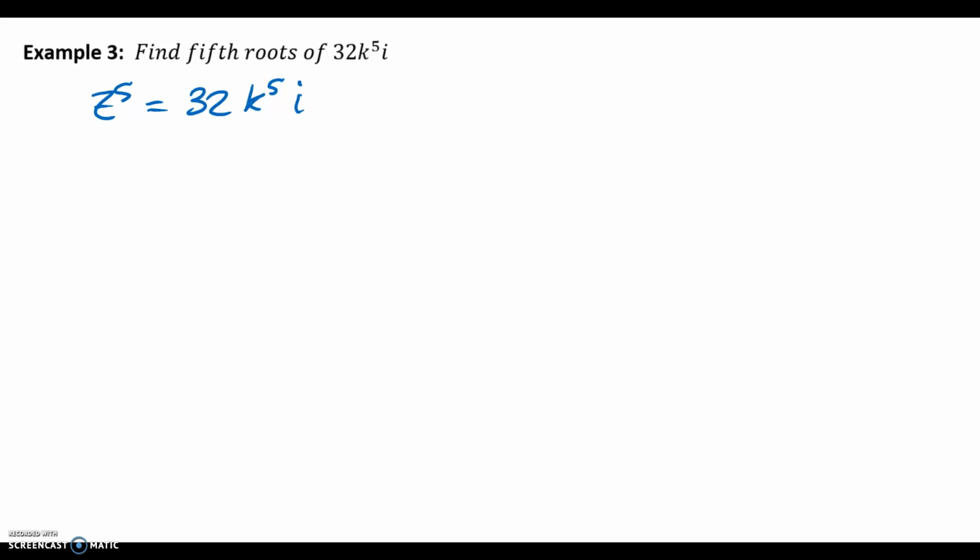Just to give you an idea of what's going on here, there is no real part. You've only got 32k to the power 5i. So the modulus is 32k to the power 5.